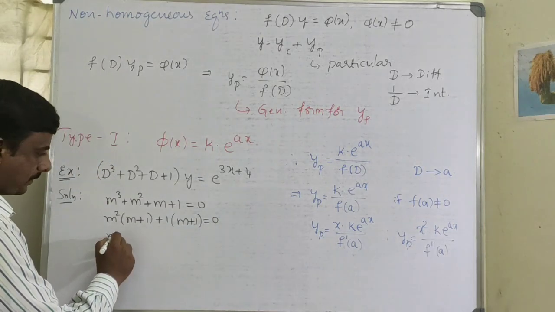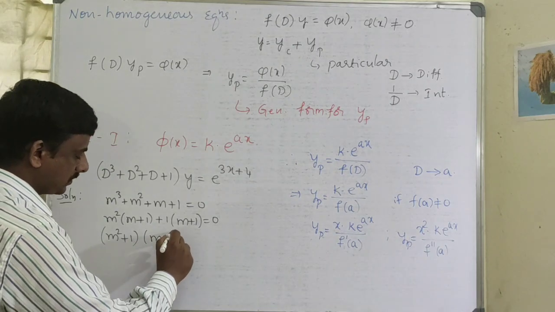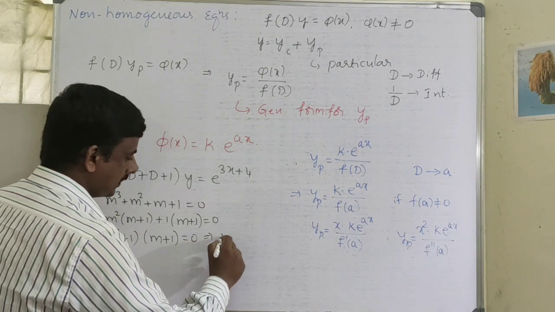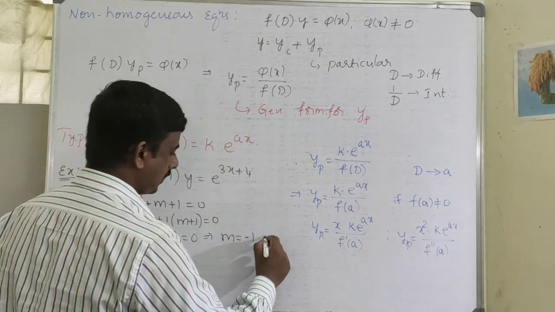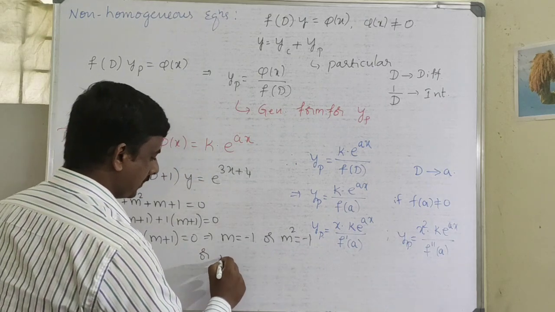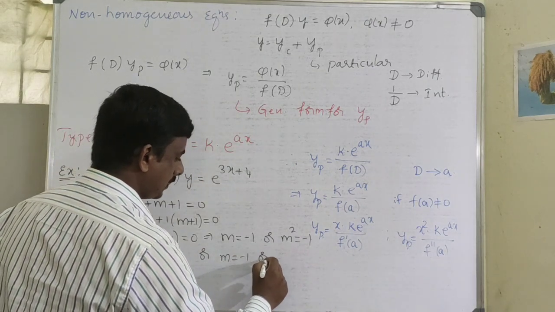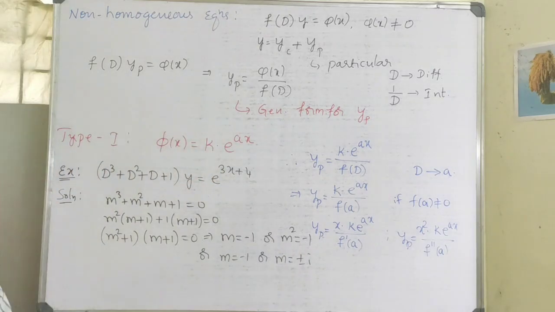So m square plus 1 into m plus 1 equal to 0. That implies m equal to minus 1 or m square equal to minus 1. So m equal to minus 1 or m equal to plus or minus i. So I got complex roots and also a real root.